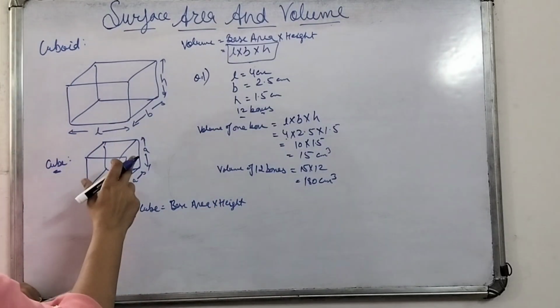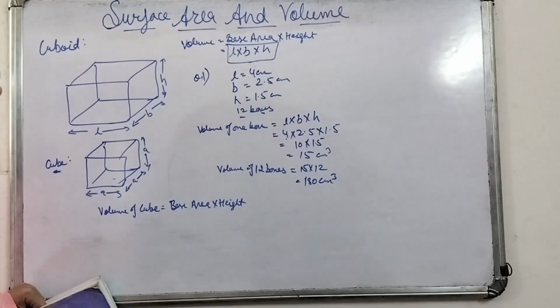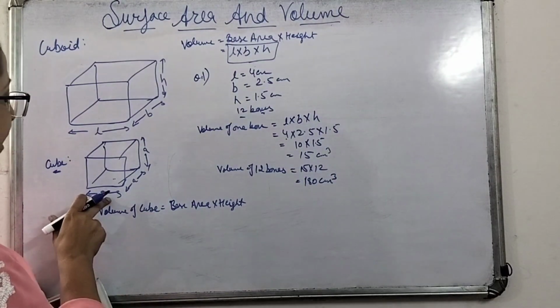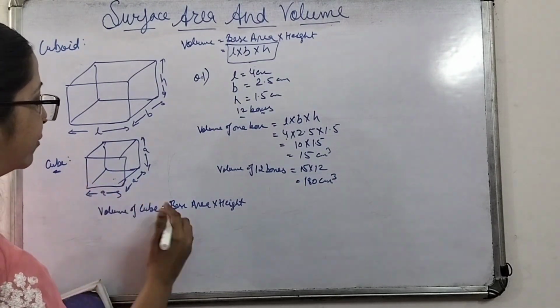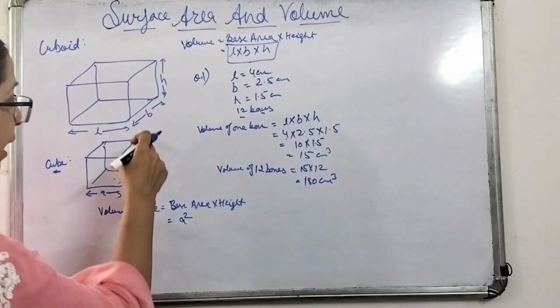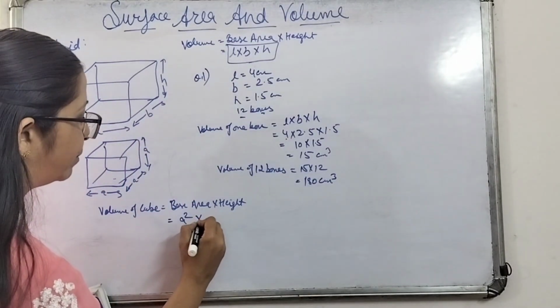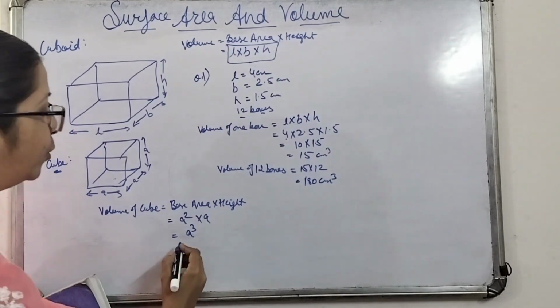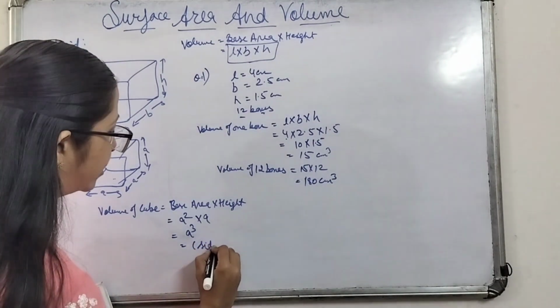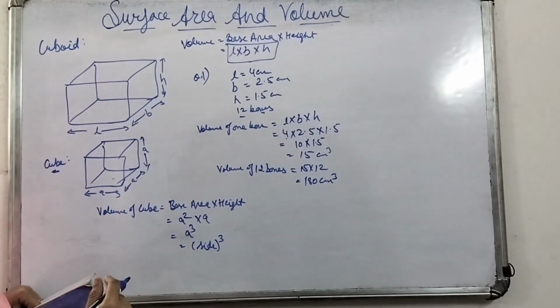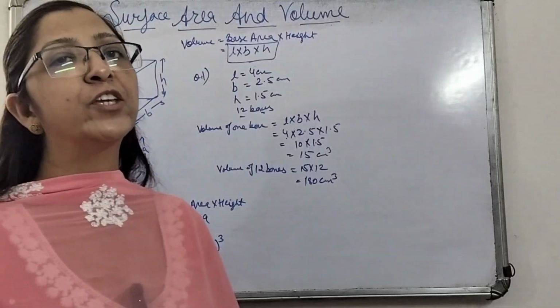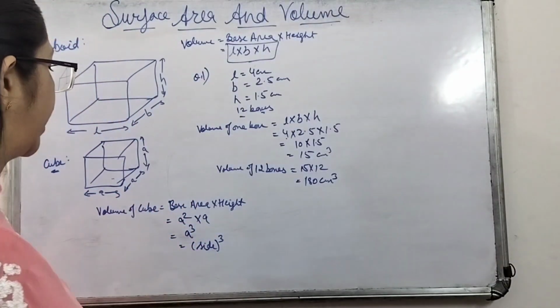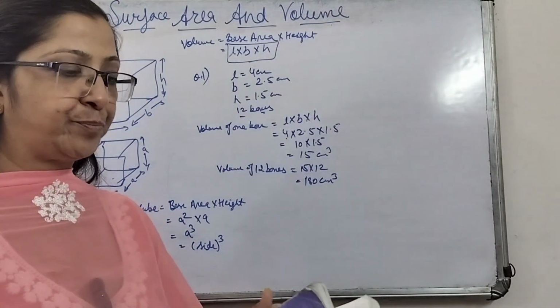We know that in the case of a cube, the base is a square with side A. So base area will be A square, and height is also A, so multiplied by A. So volume of a cube will be given by A cube, or the cube of the side. This is the formula for finding volume of a cube.